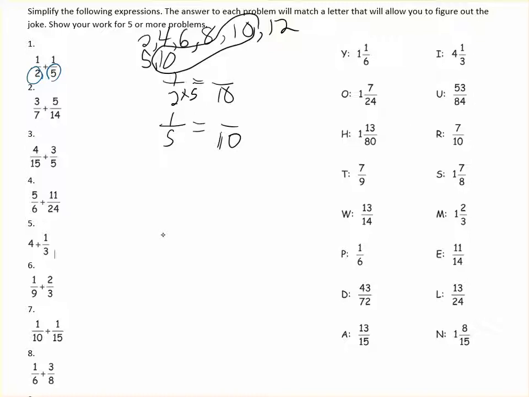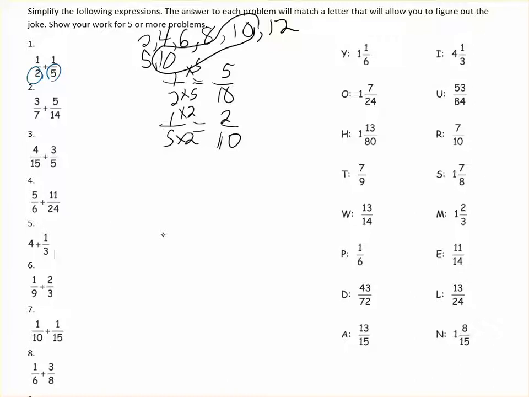That means I also have to multiply the numerator by 5. So I get 5 tenths. So 1/2 is equivalent to 5 tenths. For 1/5, I think, what do I multiply 5 by to get 10? The answer is 2. That means I also have to multiply the numerator by 2. 1 times 2 is 2.